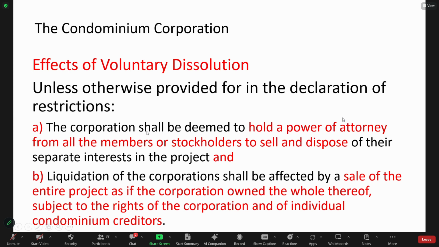So yung corporation shall be deemed to hold a power of attorney from all members. Meaning, all the members is giving the corporation the power of attorney to sell or liquidate and to sell the entire project. Yun lang naman. Sell the entire project.